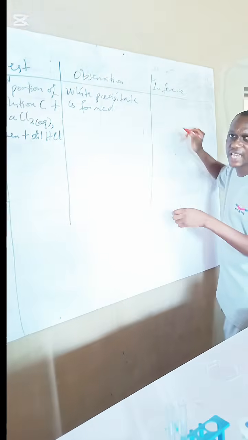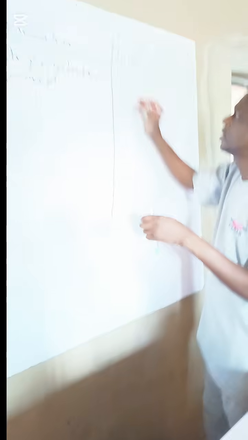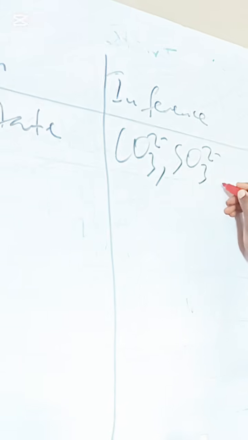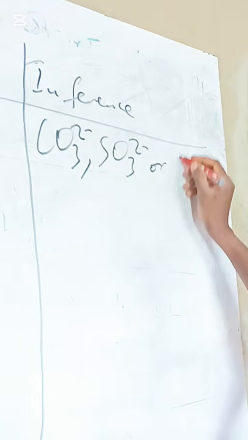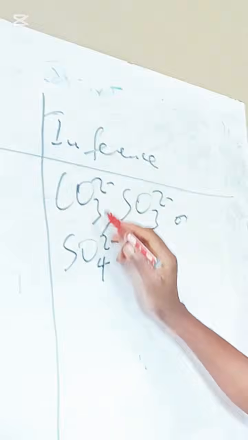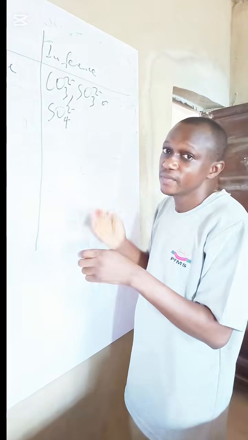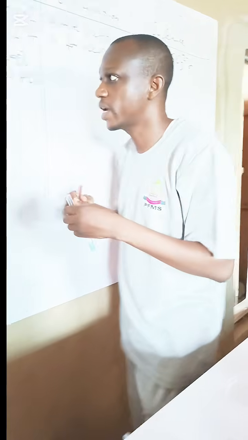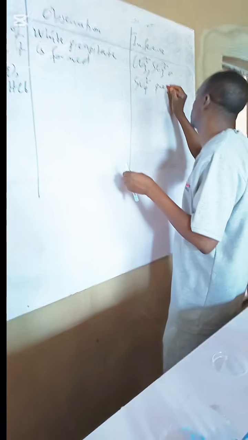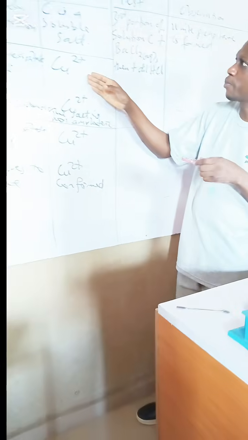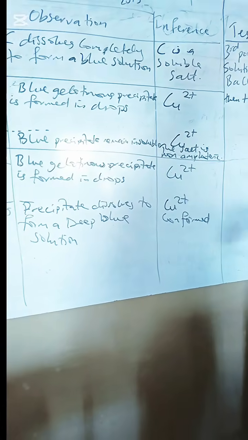There are three ions that will be expected that we can infer: CO3 2-, SO3 2-, or SO4 2-. These are the three ions that we are going to be suspecting. We cannot say present, we are suspecting that it's present. All these places you can also put present, it doesn't change anything.